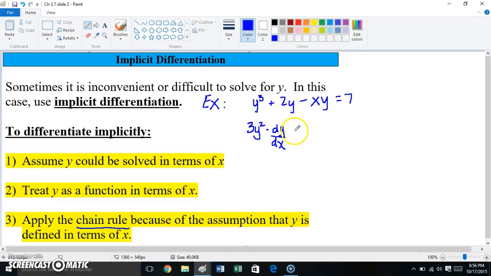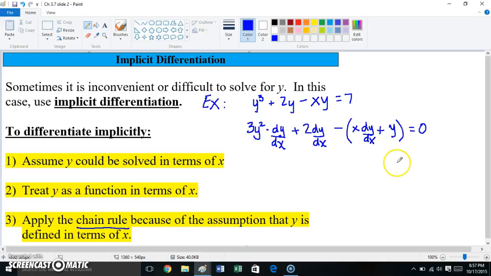All right, the derivative of 2y would be plus 2 dy dx. The derivative of x times y, well, I must apply the product rule. So x times dy dx plus y, the derivative of x with respect to x is 1, equals 0.